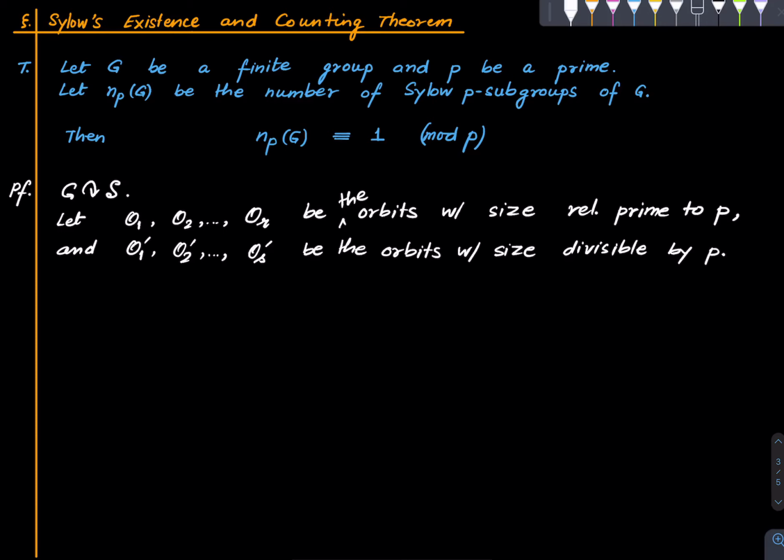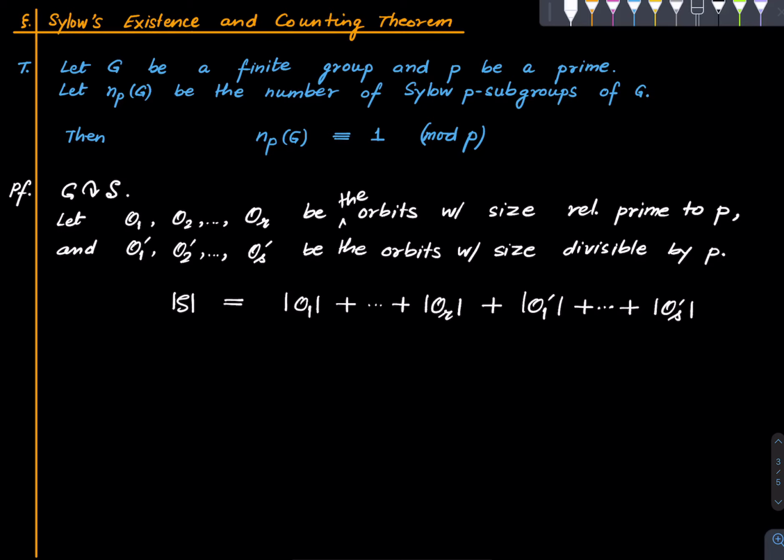Okay, so we know that the size of script S is the sum of the sizes of all the orbits. Why? Because the orbits partition the set, and we have used this kind of thing a lot of times.